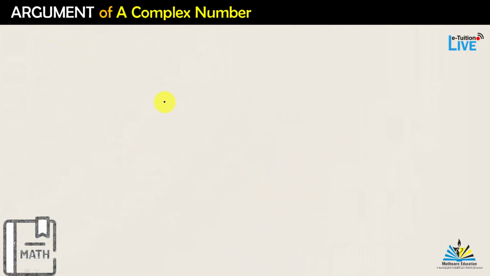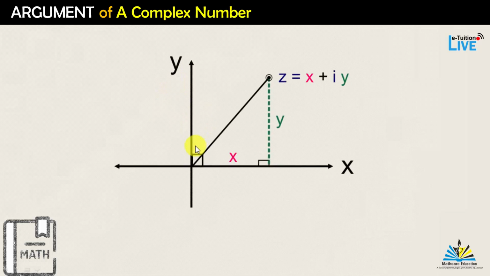Let's talk about argument of a complex number. Let's say we have z as a complex number x plus iota y. So you can see this is x and this is y. And the radius vector OP, call this point P, the radius vector OP is making angle theta.